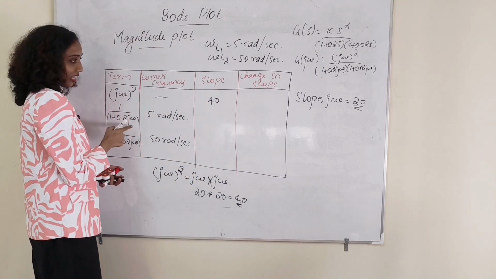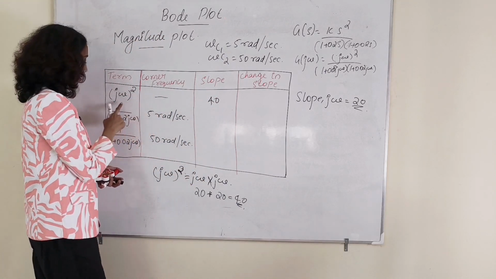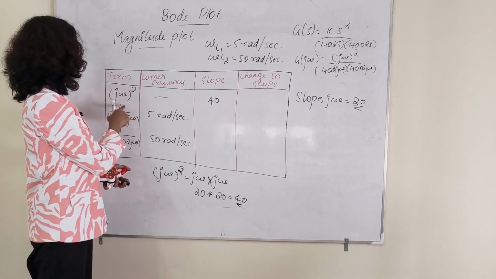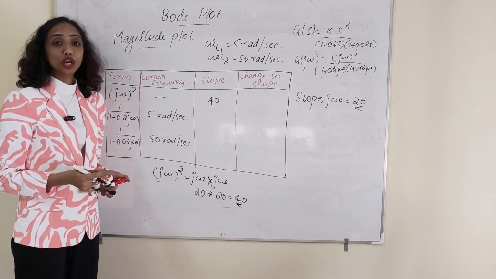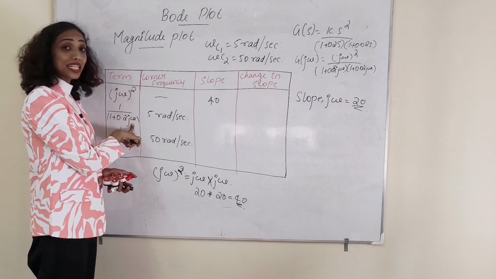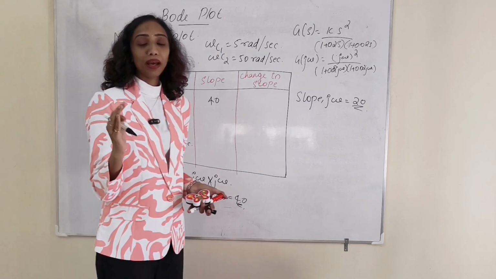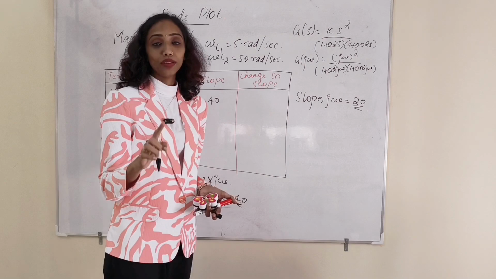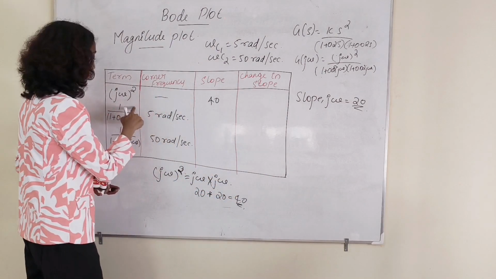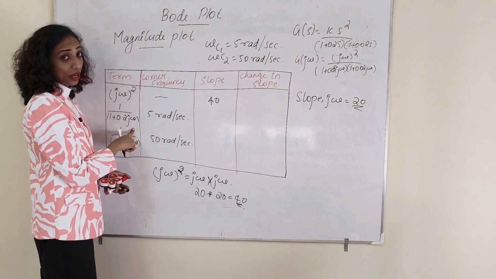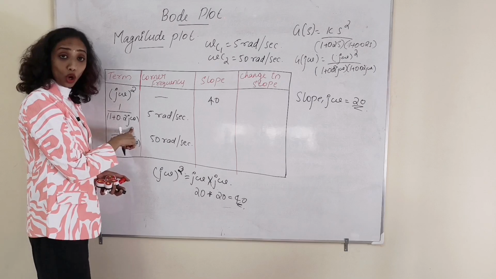Then the next term is 1 divided by 1 plus 0.2 j omega. Here we have a single j omega. The magnitude value of j omega is 20. Here it is 1 by j omega, so this j omega is in the denominator.